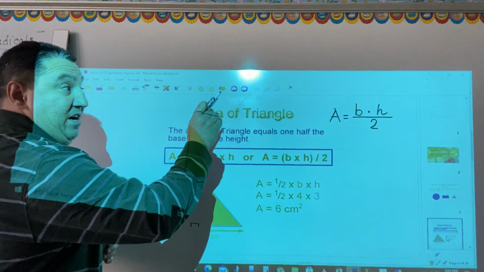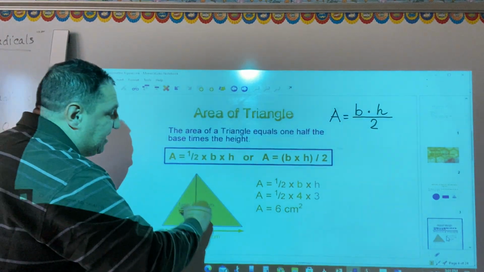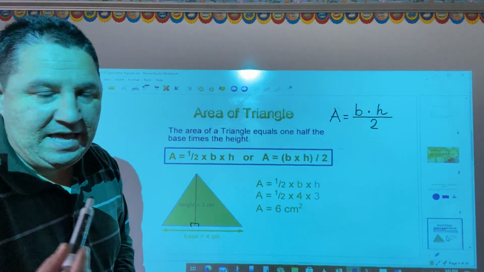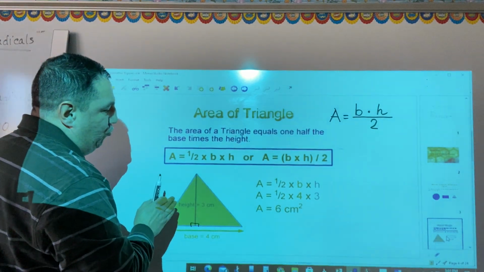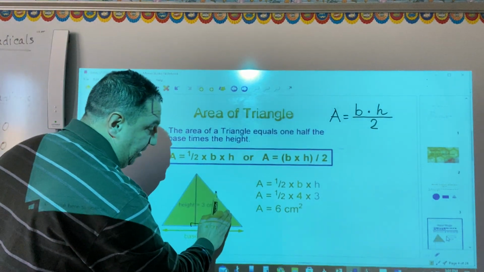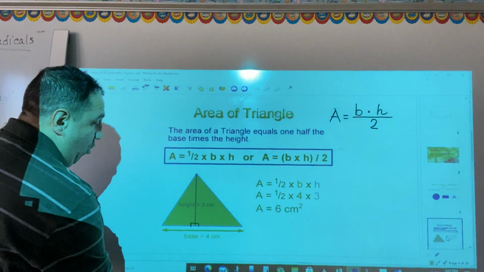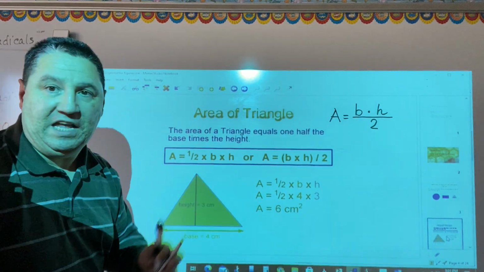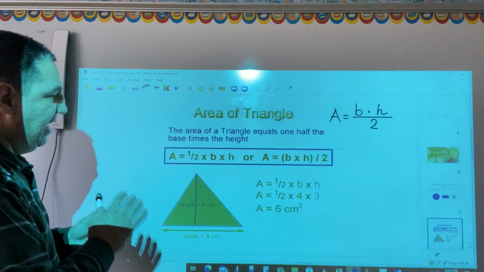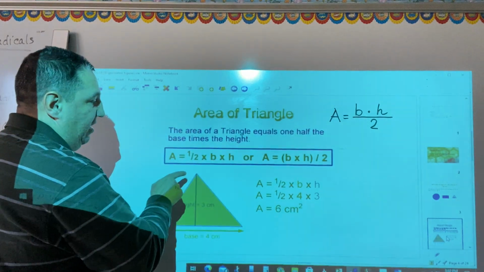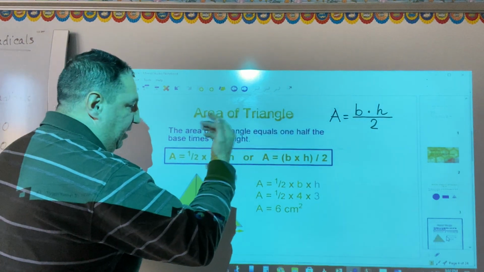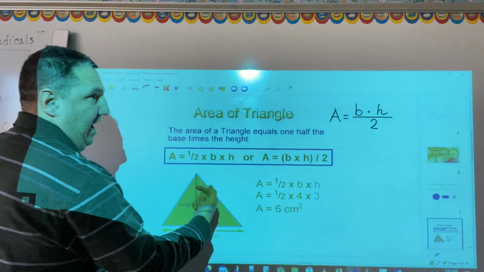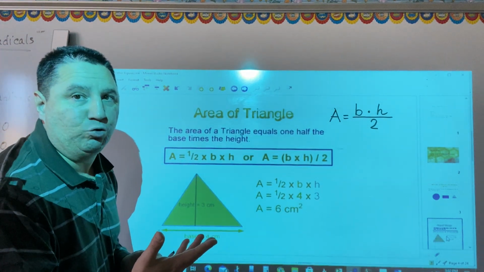Now, regarding base, any side of the triangle could be a base, right? But for example, if we choose as a base this side, we have to find the height that is associated to that side. Remember, the height of the triangle is the line segment that joins the vertex opposite to the side and is perpendicular to that side.